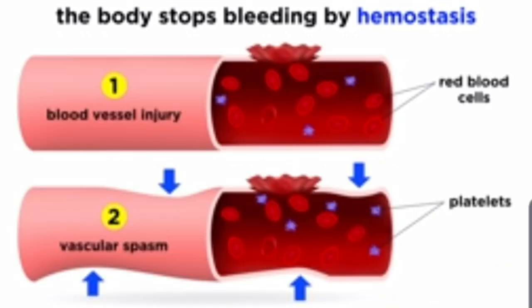This essentially means that where there is damage to a vessel, smooth muscle will contract, platelets will block the tear, and a protein called fibrin will form a mesh to patch everything up.